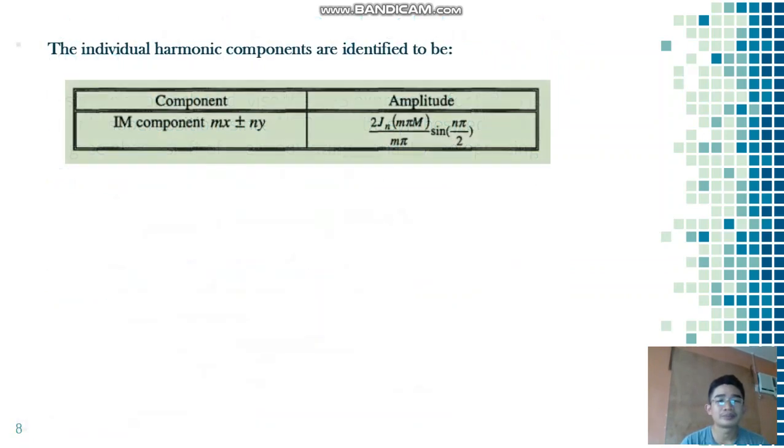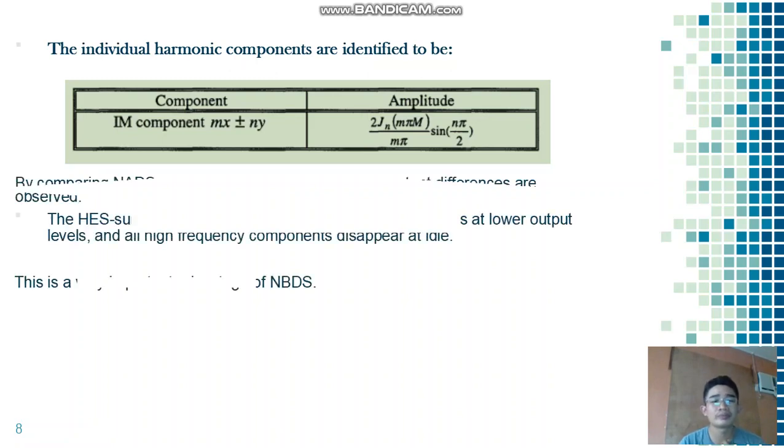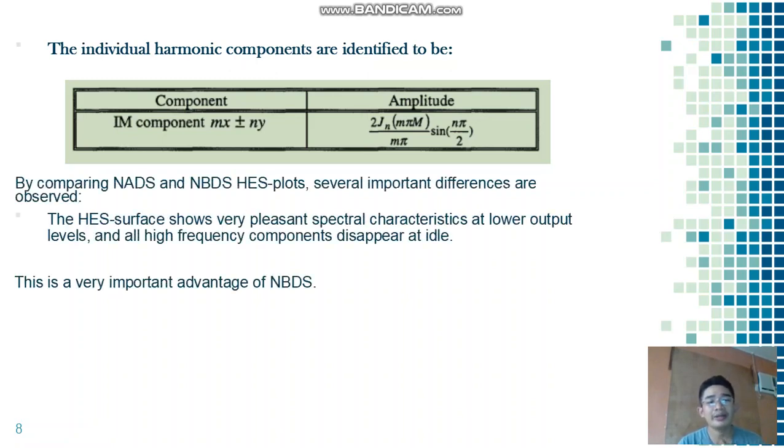Let's proceed. The individual harmonic components are identified to be IM components mωC plus or minus nωR, and the amplitude is 2J_n(mπM)/(mπ) times sin(nπ/2). By comparing NADS and NBDS Hess plots, several important differences are observed.